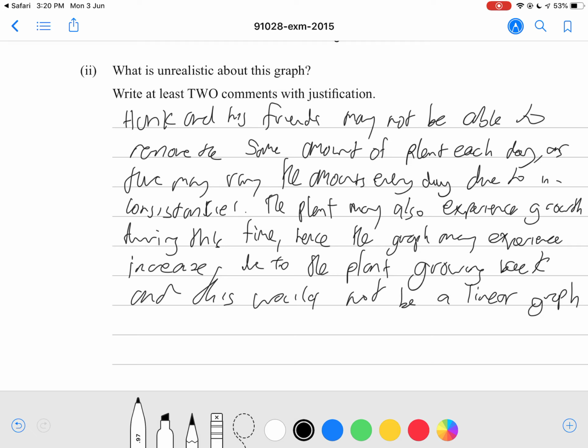Okay, so getting 2 comments: Hank and his friends may not be able to remove the same amount of plant each day, and you're also saying that the plant may experience some growth in between the time that they are removing the plant.